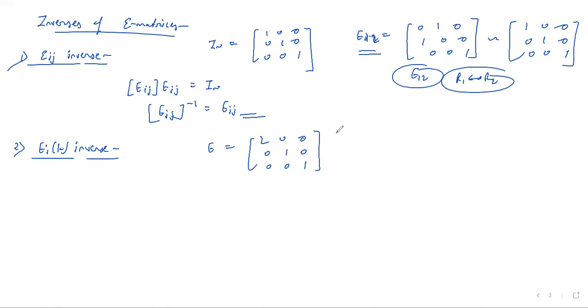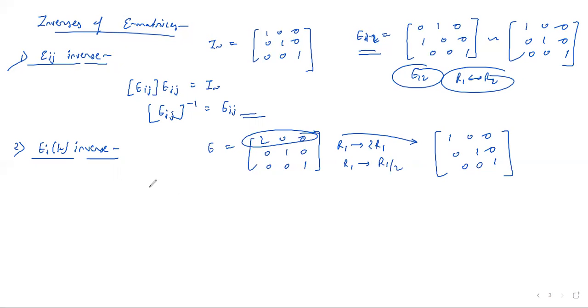Now for getting the identity matrix again, what do we have to do? We have to divide the first row. In the first row we applied 2R1, so now we will do R1 by 2, and then we gain the identity matrix again, which is 1 0 0, 0 1 0, 0 0 1.